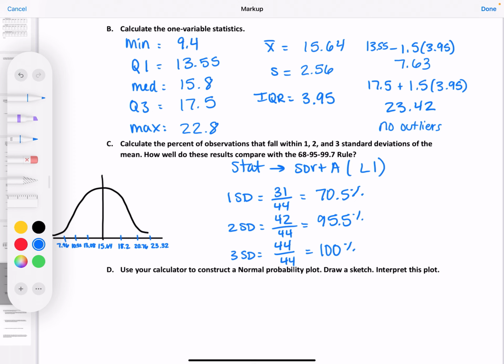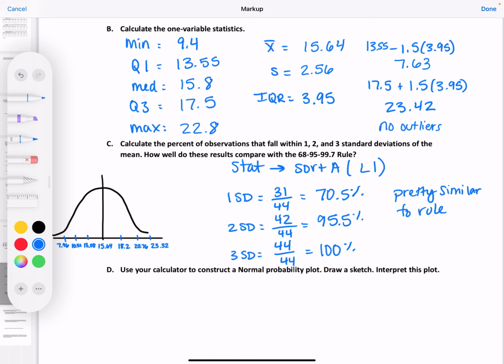It's somewhat similar. So it's pretty similar to the rule.